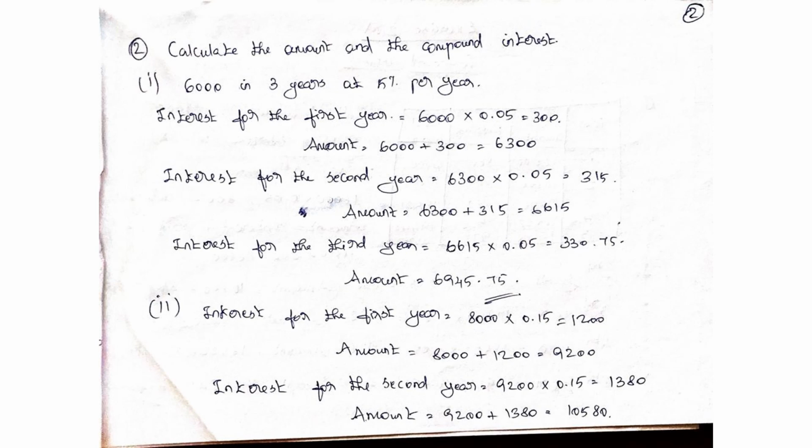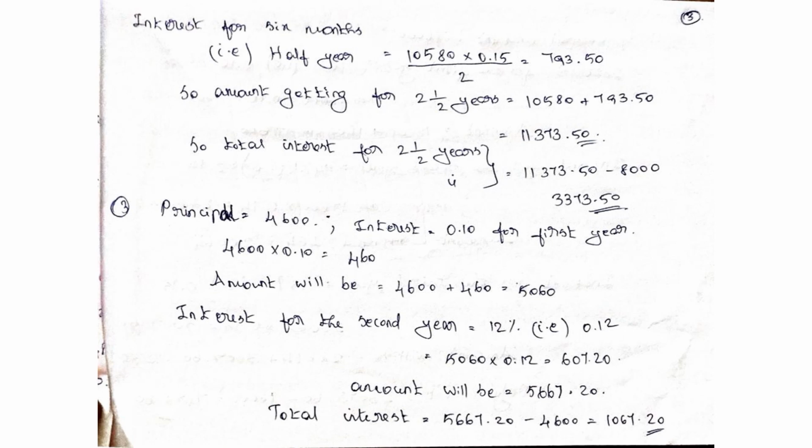So we calculated interest and amount for 2 years. Now here they have given 2.5 years. 2.5 years means there is a half year. For a half year we need to find out the interest, because the interest is compounded for half of the year.